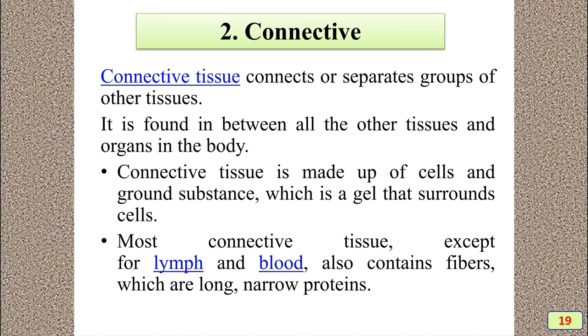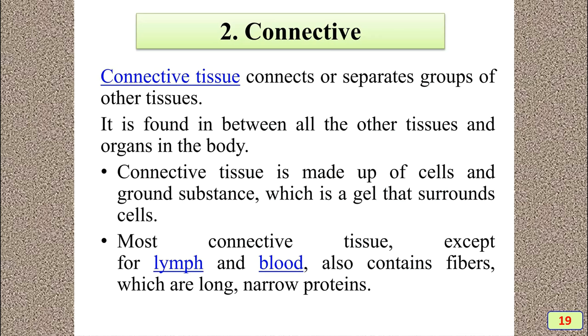And the second one is connective tissue. Connective means it connects and separates groups of other tissue. Of course, there may be similar types of tissues that differ in function, and sometimes it will join different types of tissue or similar types of tissue also.